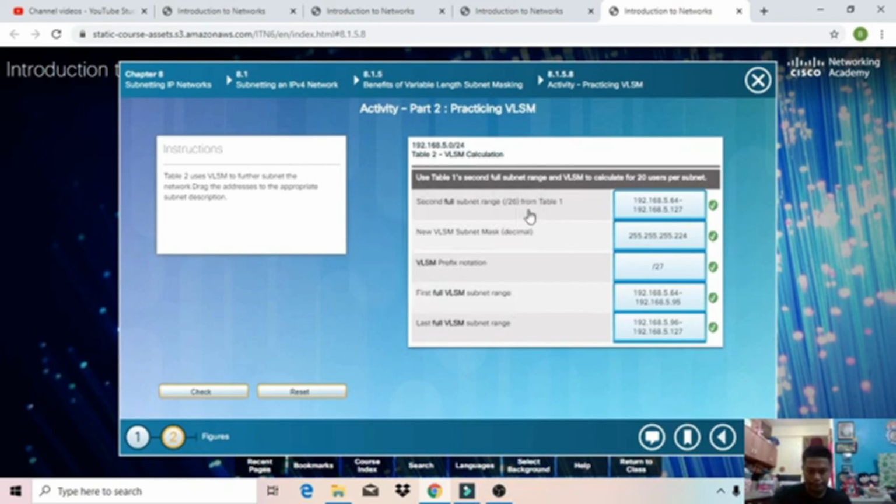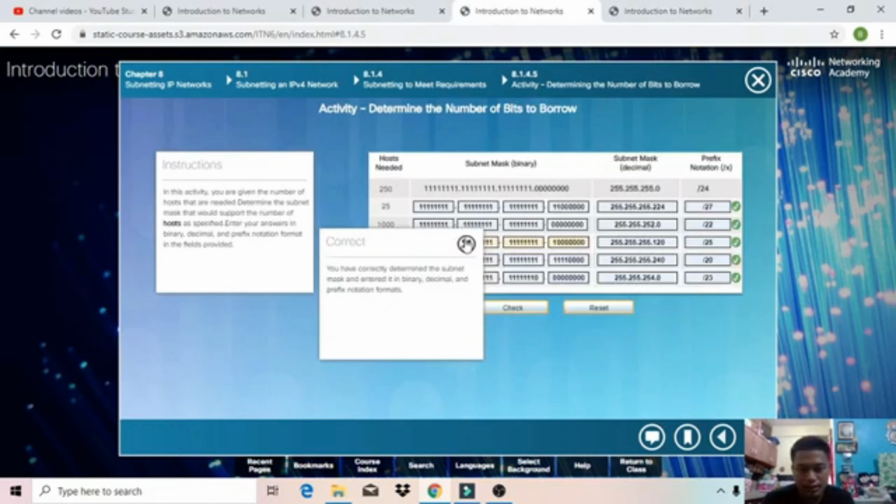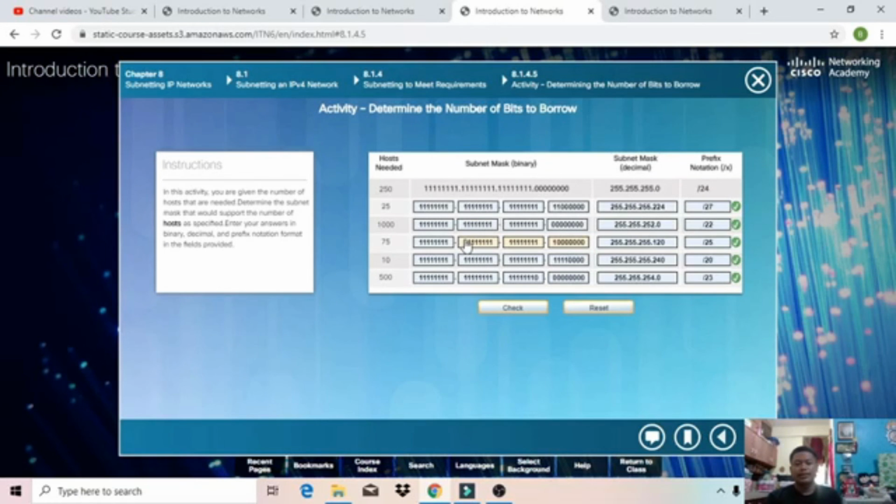So let's proceed to this. As you can see, this activity is very difficult for a beginner. If you have not read CCNA chapter 8, you can't answer this activity because it needs understanding and more knowledge. If your knowledge is low, you can't answer this activity.